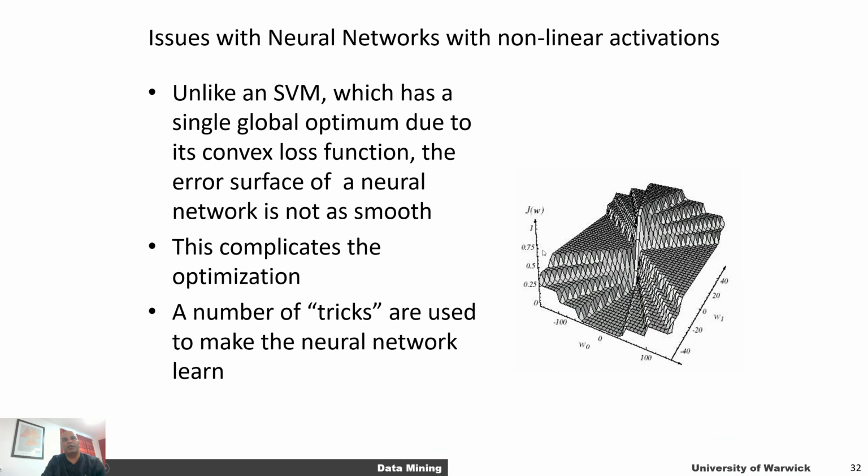For a given value of W0 and W1, you would have a certain value of error. Let's say we pick W0 equal to 0 and W1 equal to minus 20. For a given data set, you're going to end up with a certain value of the error. If you pass that example with those weights, it's going to produce an output.